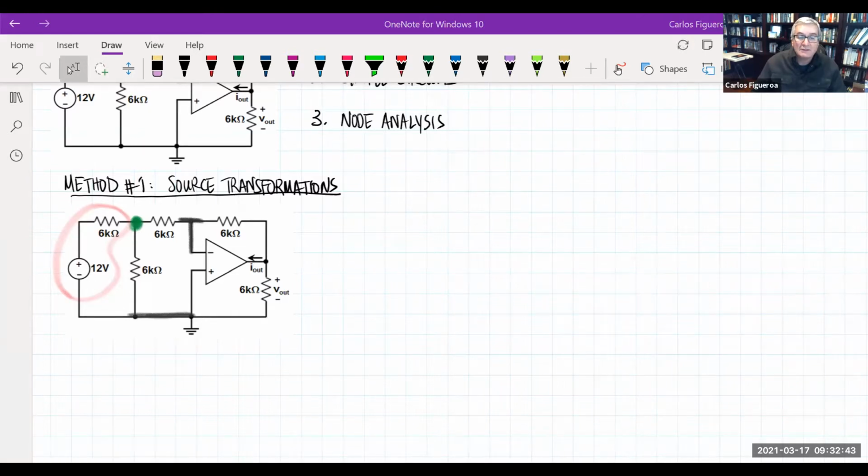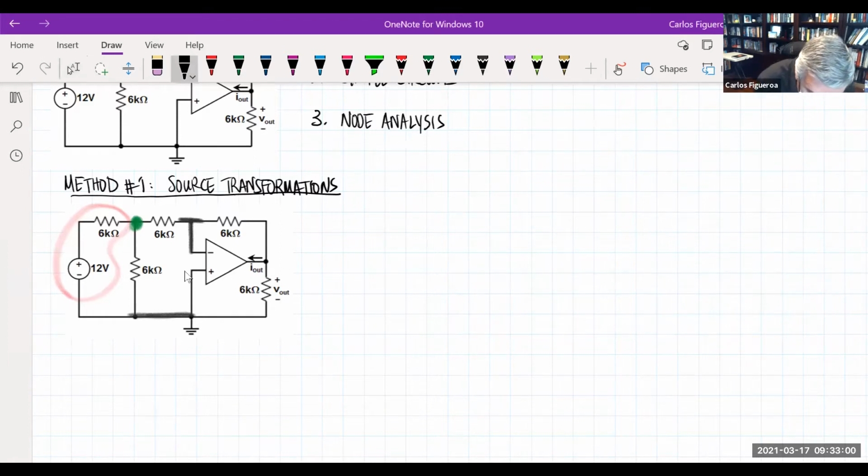So one of the things we can do is treat this as a 3K resistor, which is then connected to the ground, and then I could do a source transformation on this.